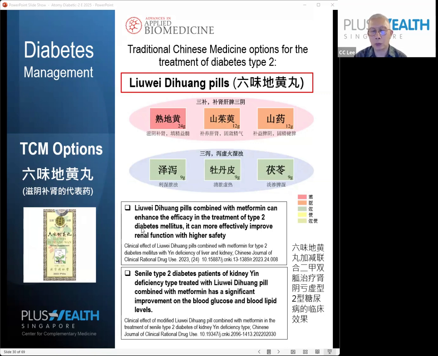These are two very authoritative studies of Liu Wei Di Huang Wan combined with metformin on the results of clinical efficacy, right? So basically, the combination is proven in use, it is effective, and it has high safety, right?